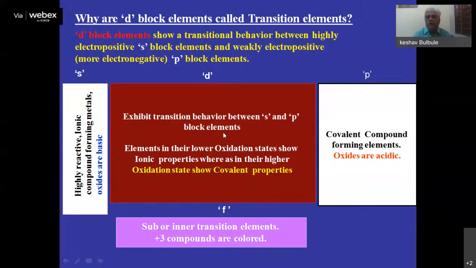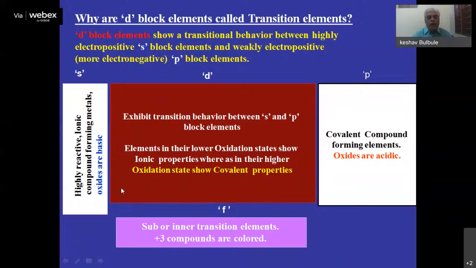Because of such electropositivity decrease and increase in the electronegativity, we see many wonderful properties in the subsequent slides. And in fact, the ionic character is more visible in the lower oxidation state of these D block elements, whereas covalent character is more pronounced in the elements with the higher oxidation number.